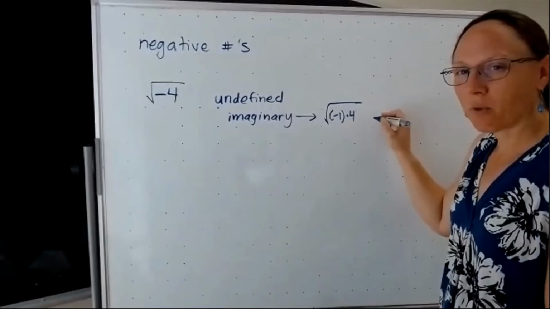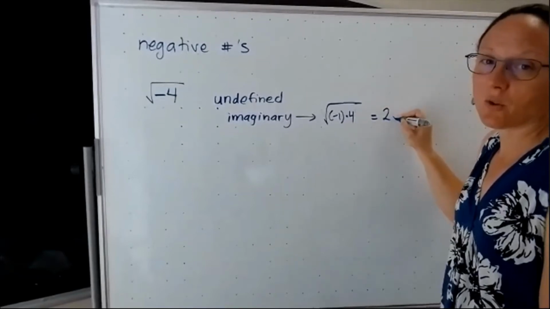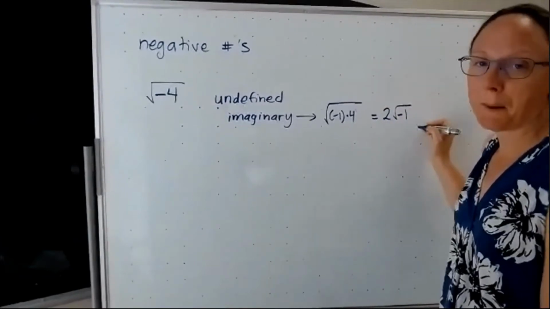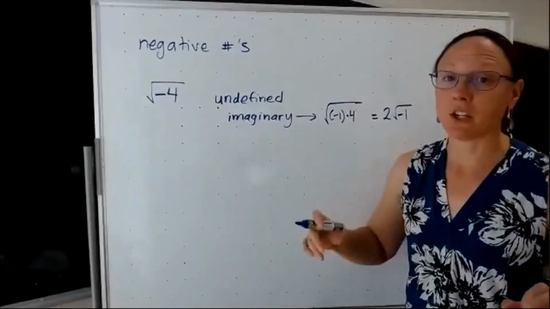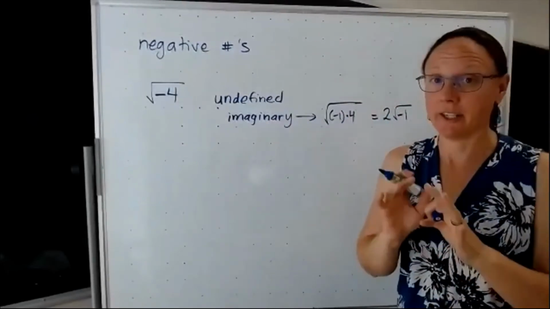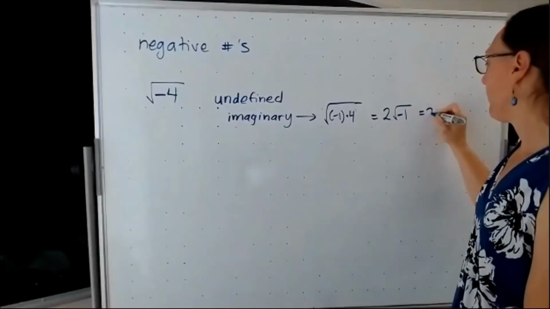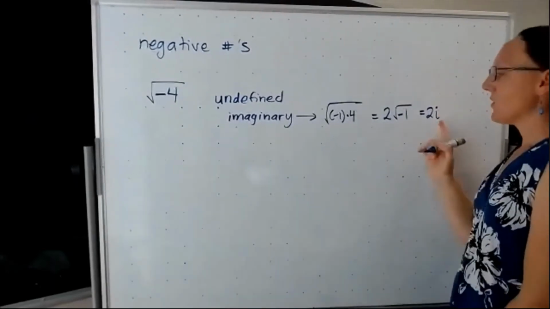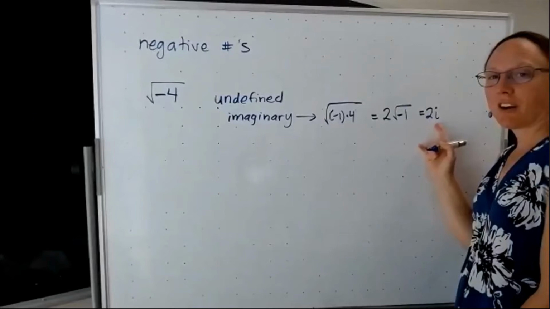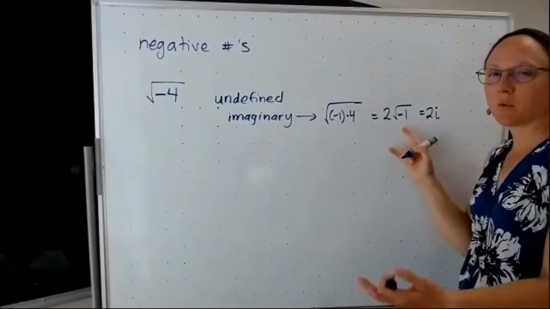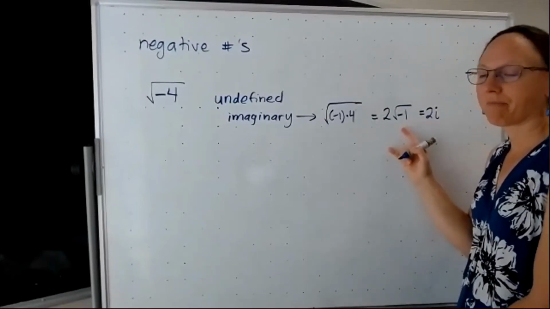And then the square root of 4 is 2. So this would be like 2 times the square root of -1. And some mathematicians imagined that this could be a thing. So they invented this imaginary number that's equal to the square root of -1.